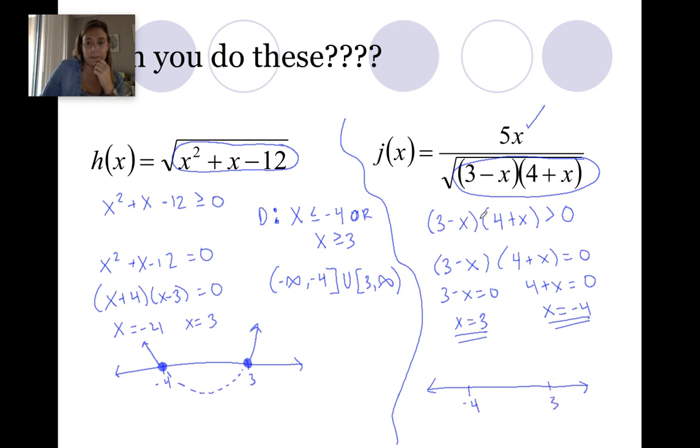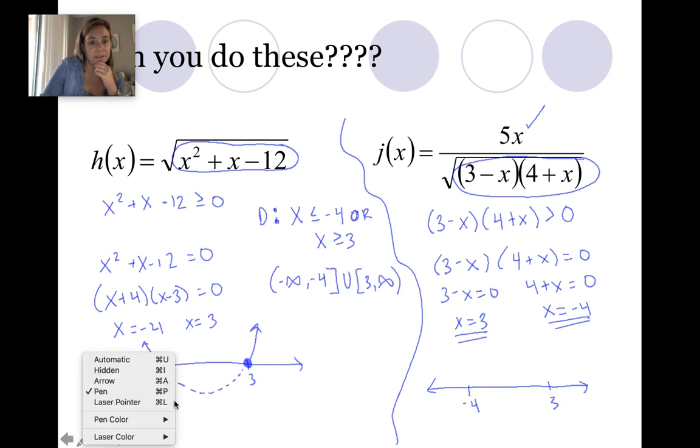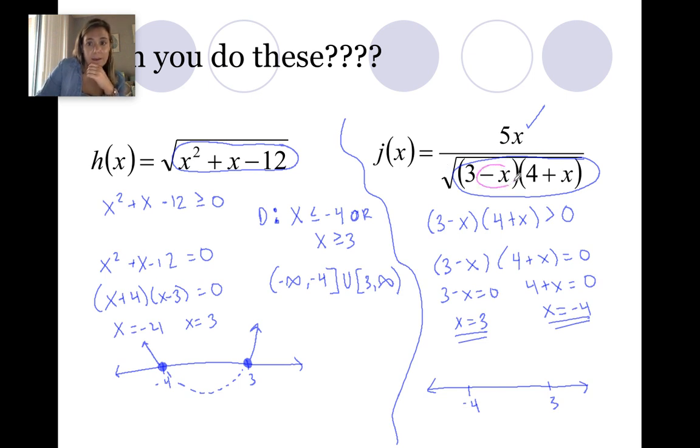And I'm going to go back up here and say, does this open up or down? Is this a positive leading coefficient or a negative leading coefficient? Well, let's focus in. If I were to multiply it out, I have a negative x and a positive x. It's going to be negative. It's going to open down. My computer's struggling. I'm almost there.